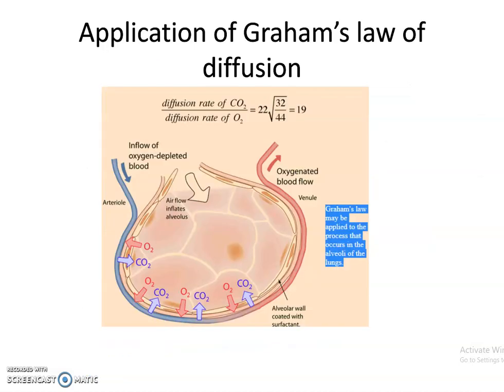Now we will see how Graham's law of diffusion is involved in our body. Every moment of our existence is happening because of the exchange of gases. What are the two gases that we are exchanging constantly? We are inhaling oxygen and exhaling carbon dioxide. Once we don't do this, we are declared dead. So this is a very important exchange, and almost all the laws are involved in it.